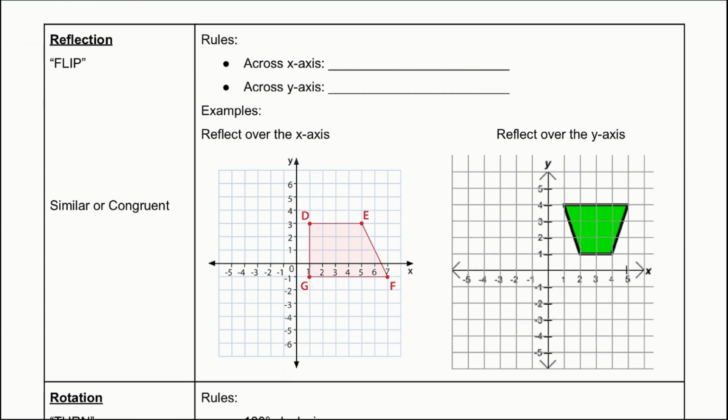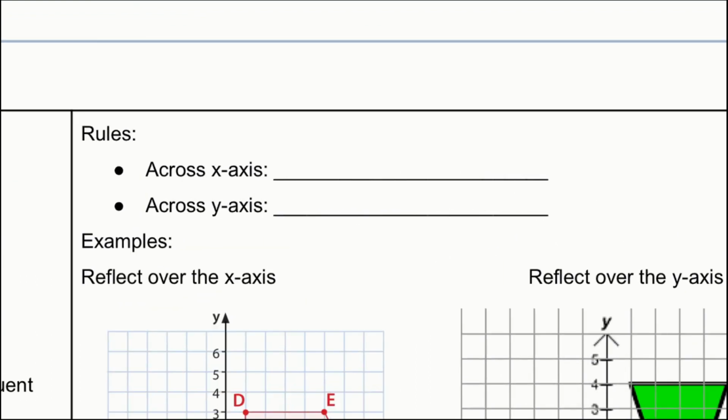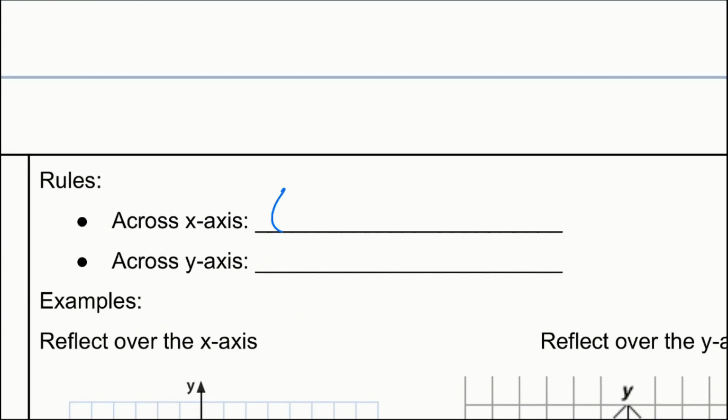Next, what we have is a reflection. So for a reflection, if we are going across the y-axis, we're going to have our pre-image of x, y, and I'm going to actually set up the y-axis as well. The rule that we are going to use if we go across the y-axis is we are going to use the opposite of x.